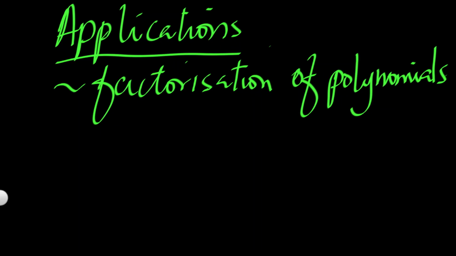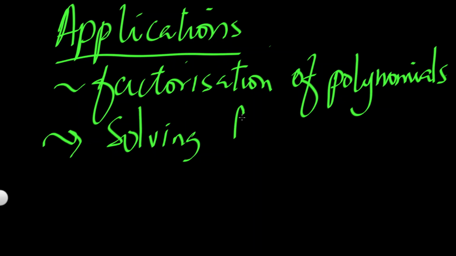If you're factorizing a polynomial, you may indeed have to use the factor theorem. Sometimes you may use it on solving an equation. We can also use it for solving for unknowns.